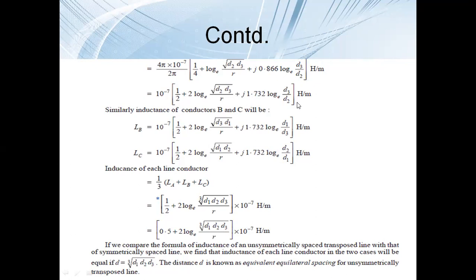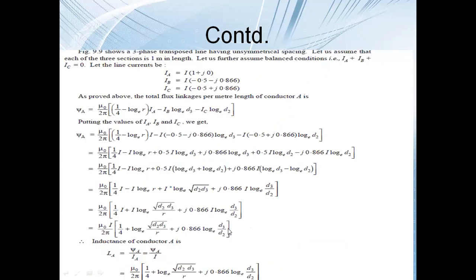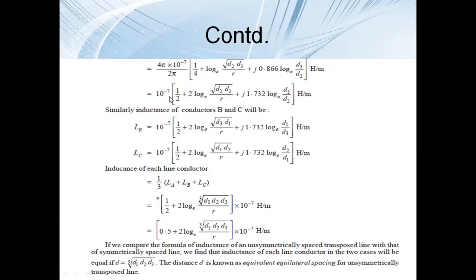Yes, sir. Okay. Now next is the inductance of the other phases, that is LB and LC. We have calculated the inductance of phase A, where the terms are D2, D3, and D3 by D2. But for inductance B, if you do a similar calculation, it will be D3, D1.